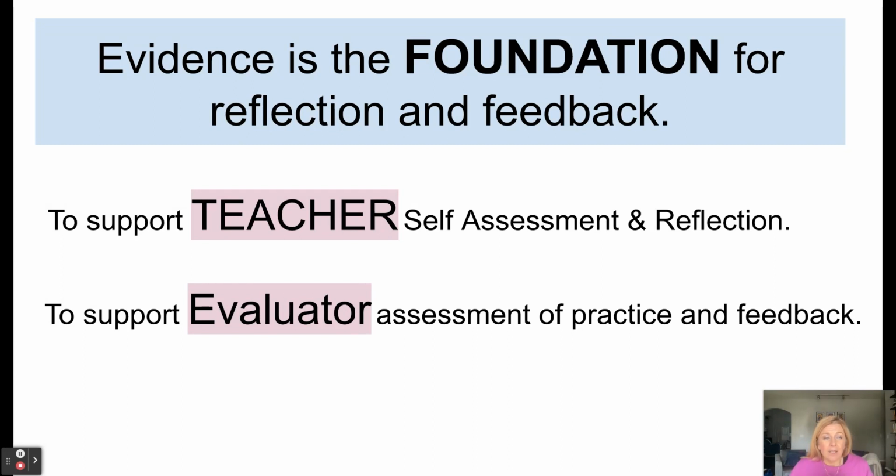I think a lot of times we jump right to feedback, and feedback is very, very important. And we're going to start learning more about giving effective feedback next week. But before we get there, I really want to re-emphasize and refocus on collecting valid and reliable and relevant evidence as the foundation for that.